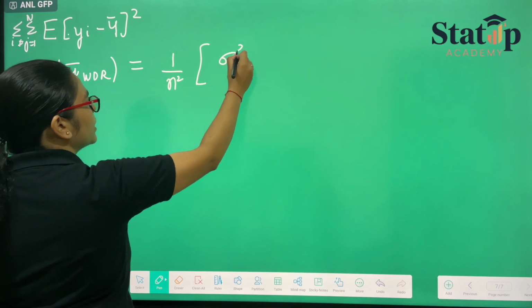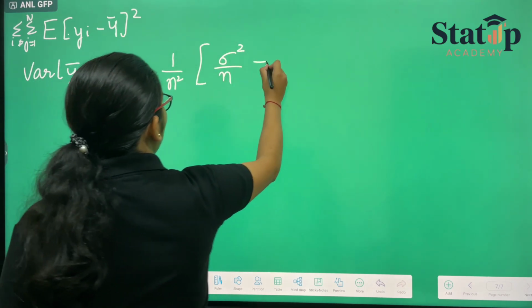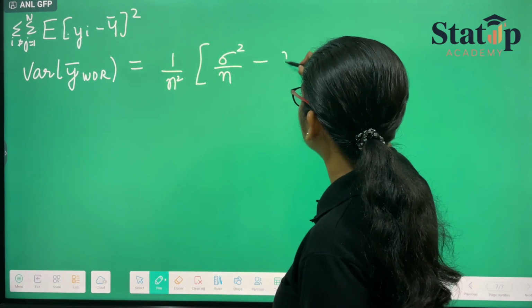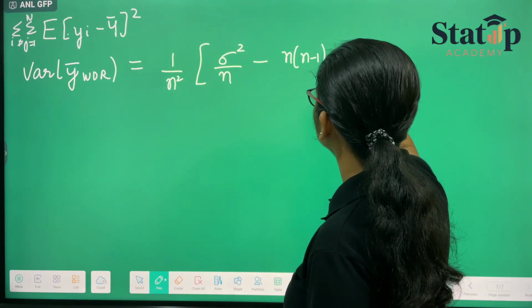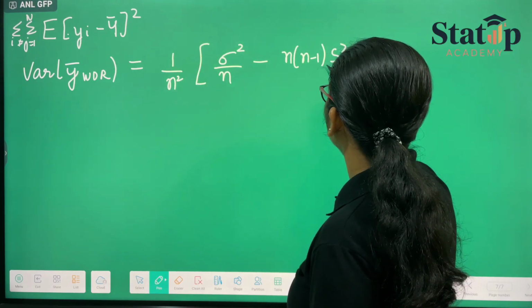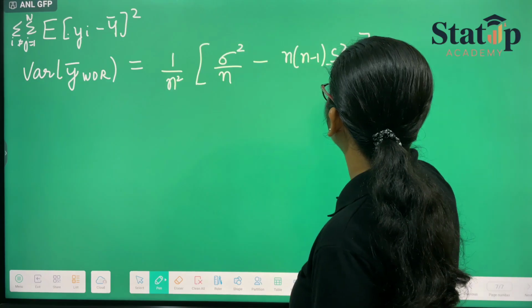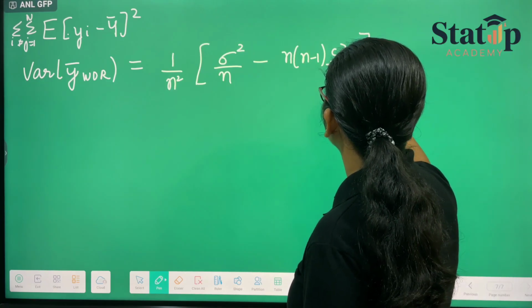First term P can be written as sigma square upon n, and this second term can be written as n minus 1 S square upon capital N minus 1.